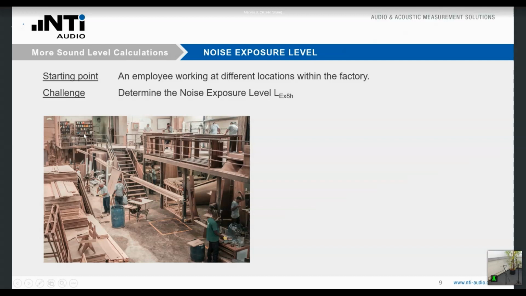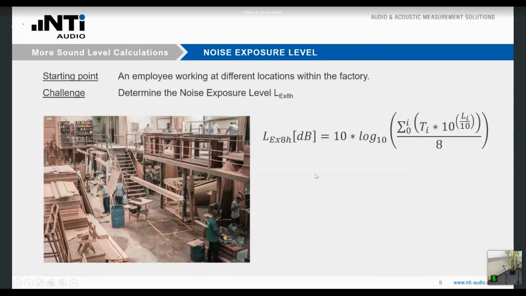So in this way, by knowing the times in which they are present in these locations, you can determine the noise exposure level. And you do that with this formula. So to explain that here, this is the core of that formula, and that is the time period and the noise level. So for each time period, for instance, 3 hours at 80 dB, you would enter these two values. And maybe you remember this sign from your school days.